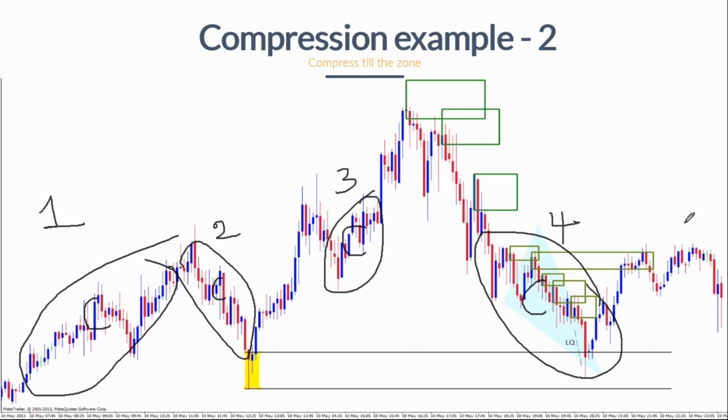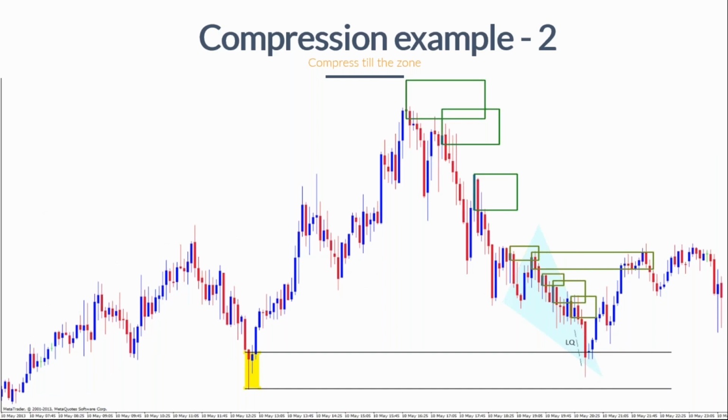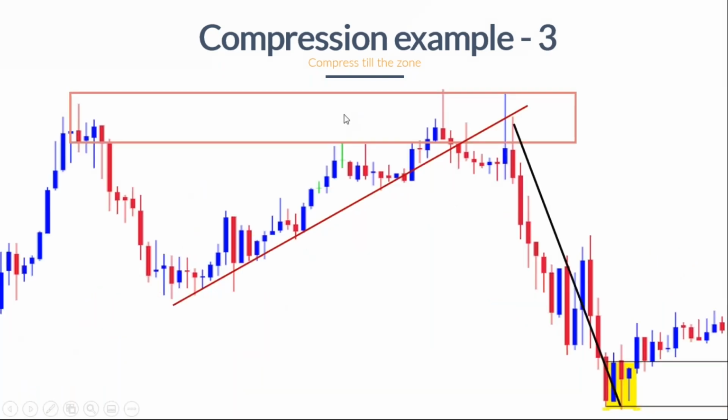So that is the underlying principle of compression. Now I will slowly go back to some examples which can help us understand this phenomenon better.